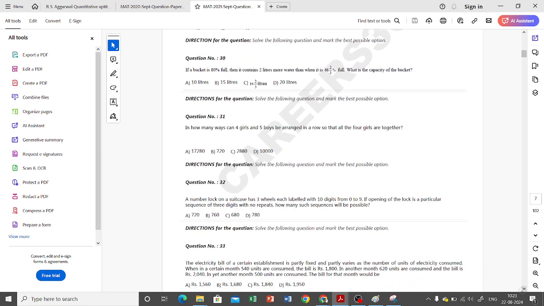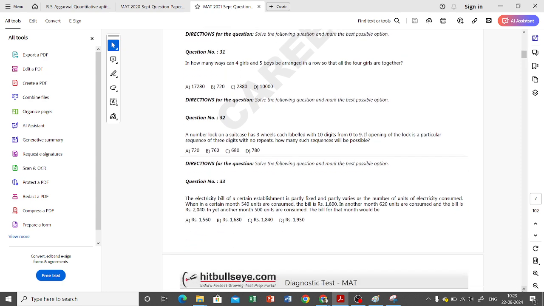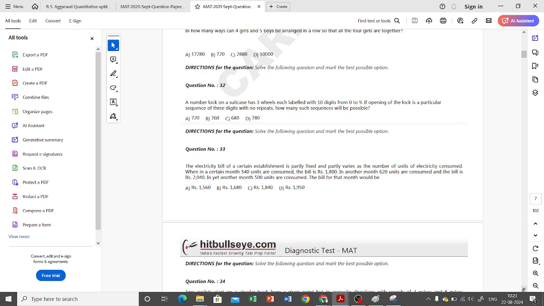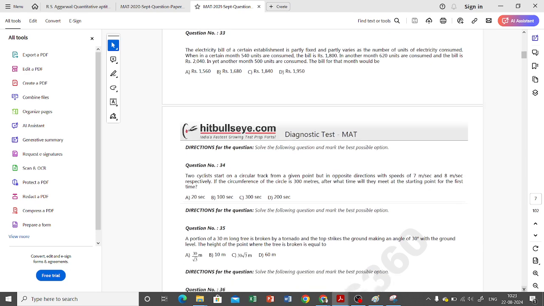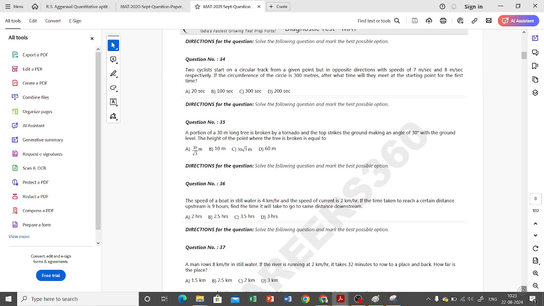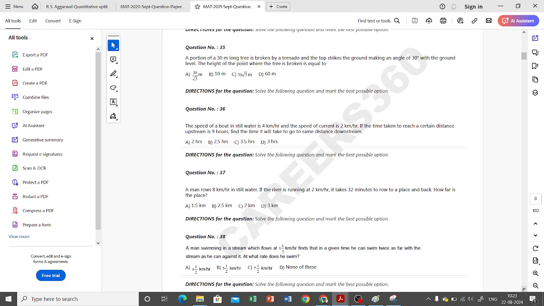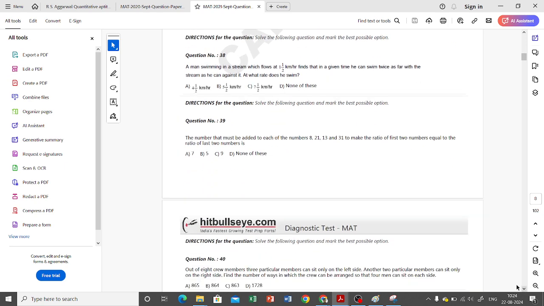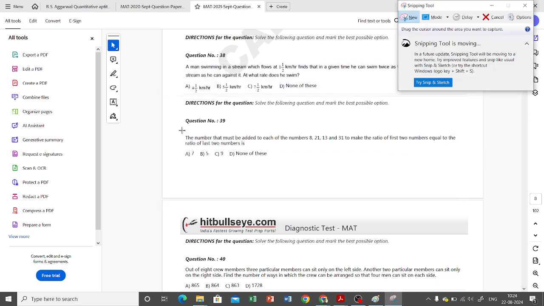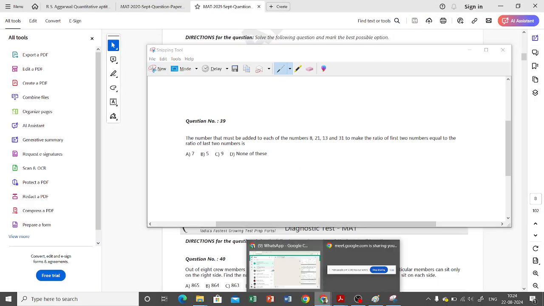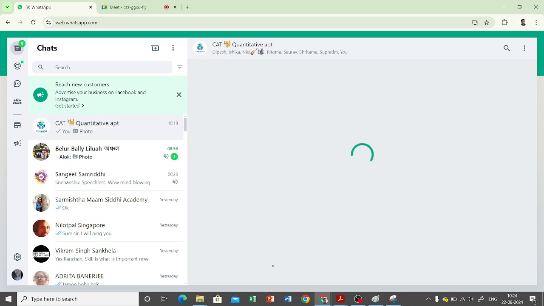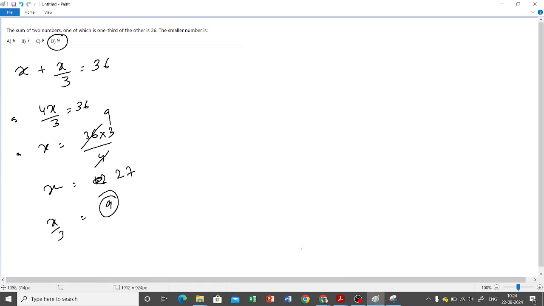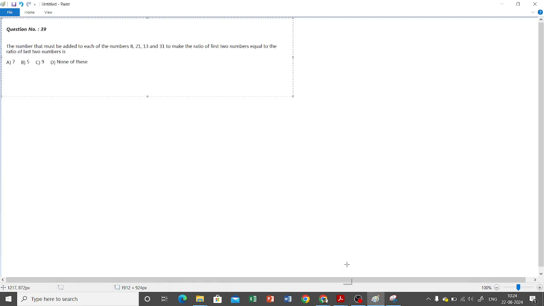Can you see? In this particular paper. Try out this sum.